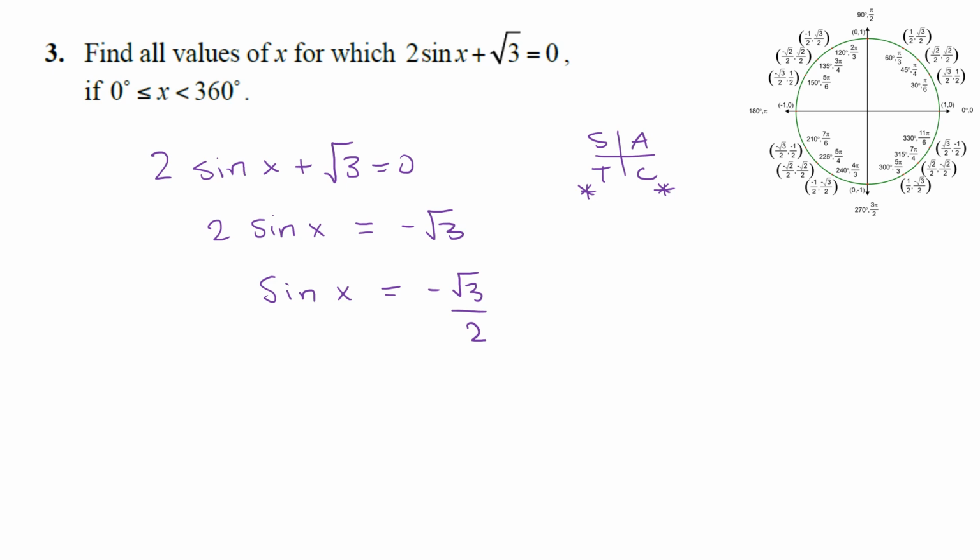So those will be the two quadrants we will be looking at. So using our unit circle, here I see that 240 degrees and 300 are the two angle measures where our sine value is negative square root 3 over 2.